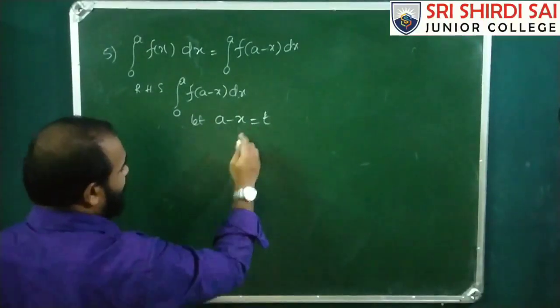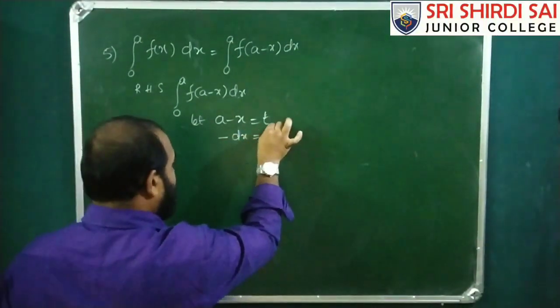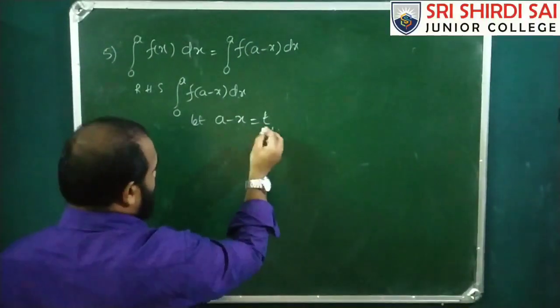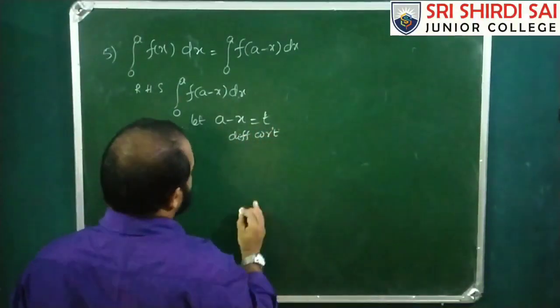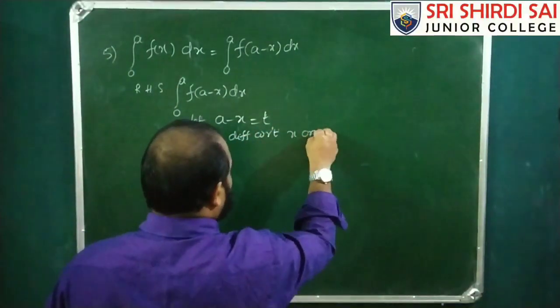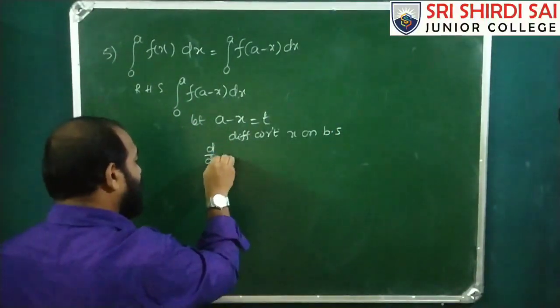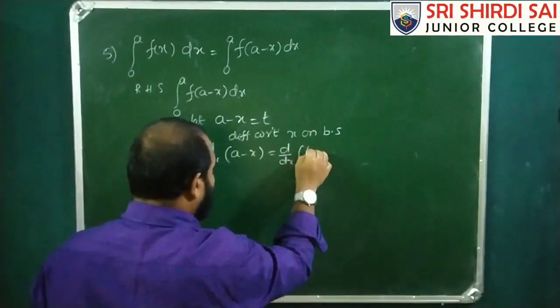So a minus x is equal to t. If you differentiate it, minus dx is equal to dt. How did it come? Differentiating with respect to x on both sides, d by dx of a minus x is equal to d by dx of t.